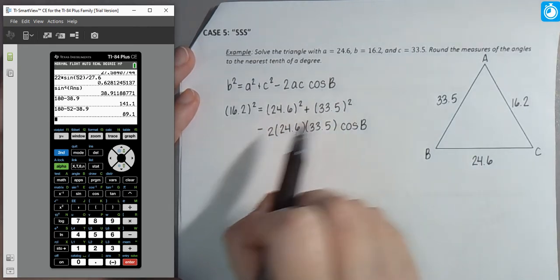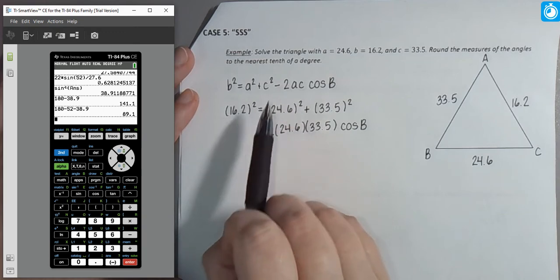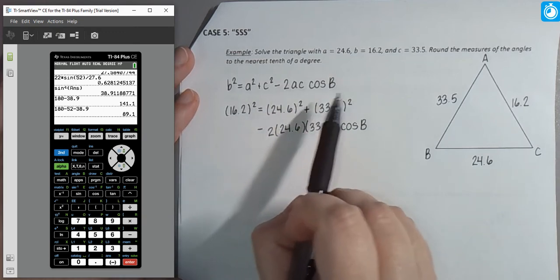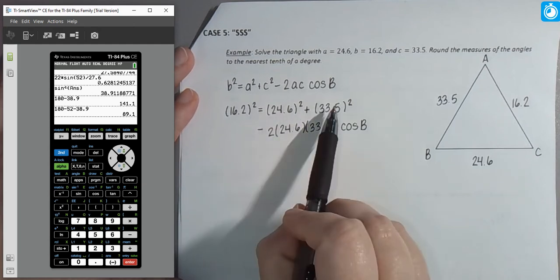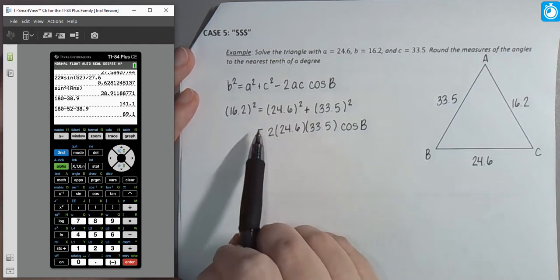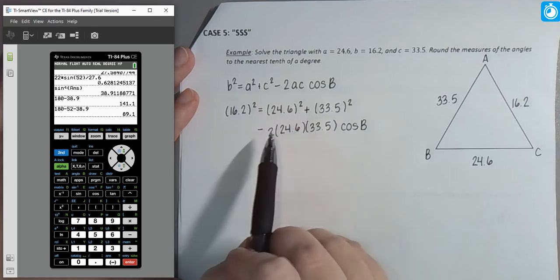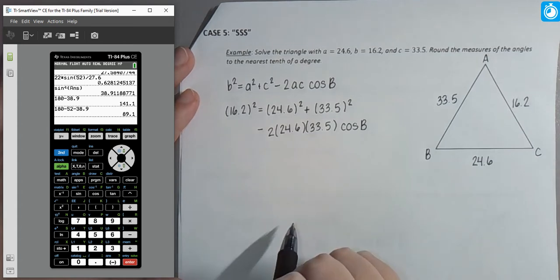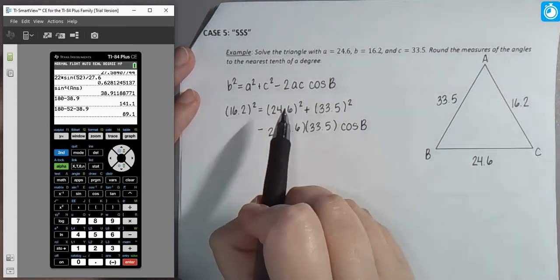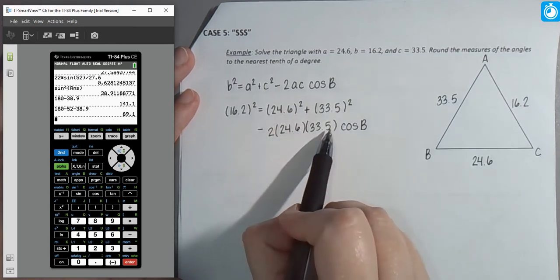If you look at the right-hand side, you're going to square this value, you're going to square this value, and then it's tempting to say, okay, I'm going to square these, add them together, and then subtract 2 times 24.6 times 33.5. I'm going to combine all that together because that's all constant. You cannot do that.